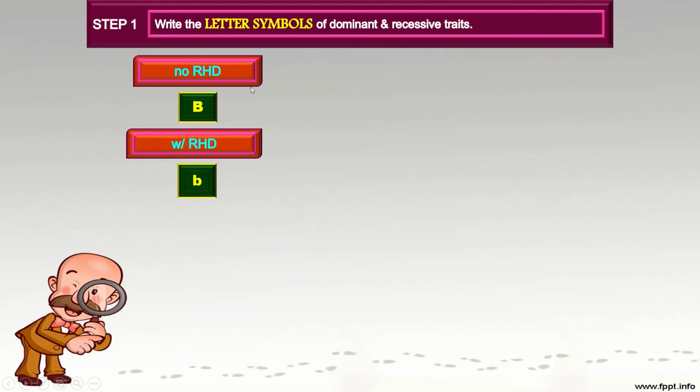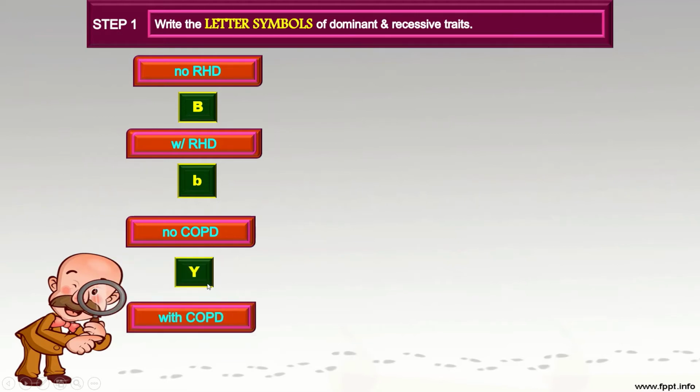This is one trait. The next: no COPD is a dominant trait, which we will use capital Y to represent. And the recessive, with COPD, will take the small y because it's the recessive trait. Second trait.